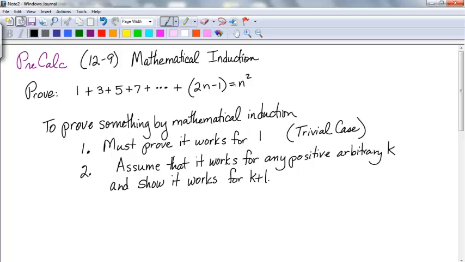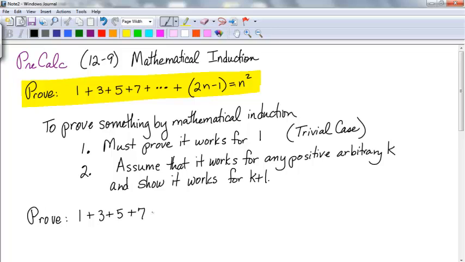Okay, I want to go back to this and take you through proving this by mathematical induction. Just repeat this, and in the book, it will have it as a prove. Notice in the original problem, it's an n.